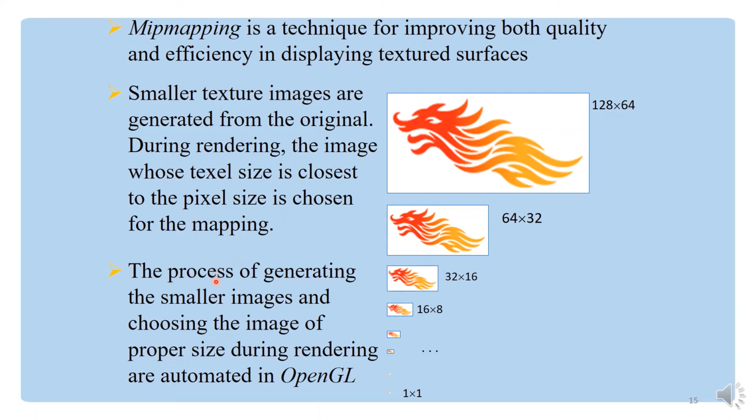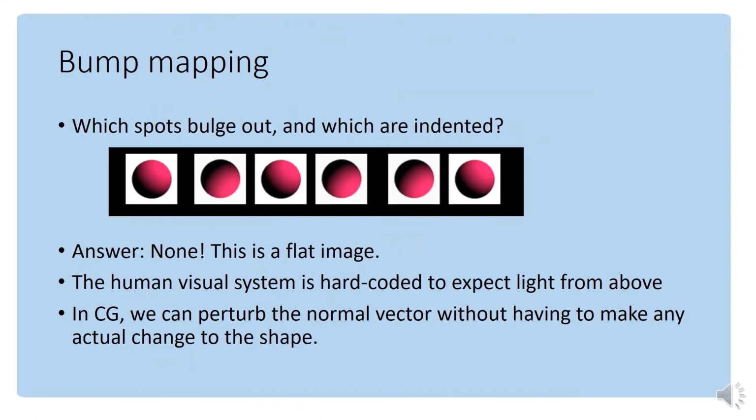This process of generating the smaller images and choosing the image of the proper size during rendering is automatically done in OpenGL. So why do we have MIP mapping? Because it is a technique that helps us improve the quality and efficiency in displaying a textured surface, based on the distance, the pixel size and also the texture size.